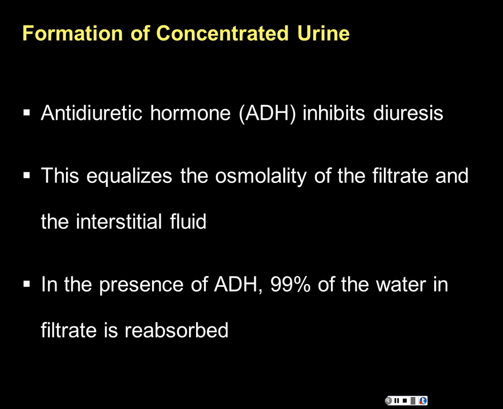Conversely, if you look at that concentrated urine, our hormonal pathways that we're familiar with, antidiuretic hormone can influence this. So the antidiuretic hormone is circulating through the blood. We said about 99% of the water is actually reabsorbed, changing the concentration of the urine and the filtrates.